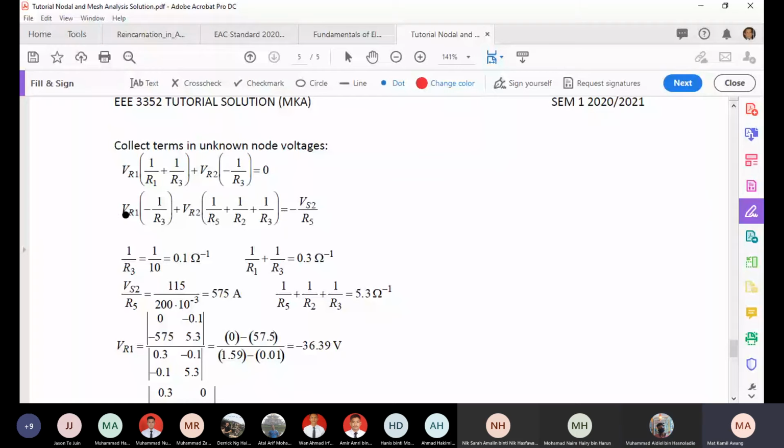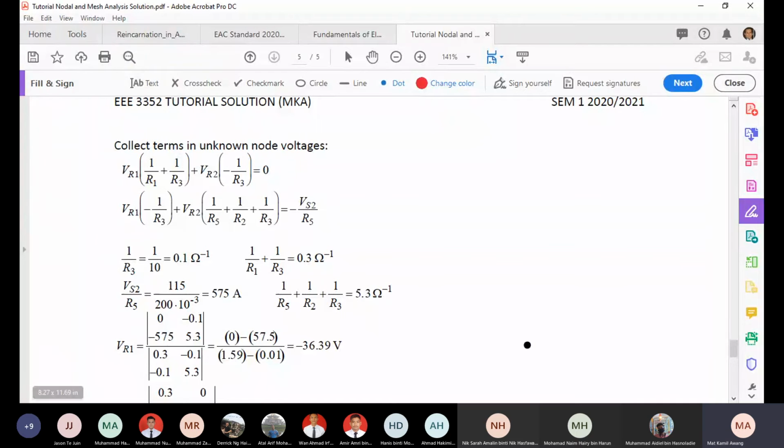And another one with VR1 times minus 1 over R3 plus VR2 times (1 over R5 plus 1 over R2 plus 1 over R3) equal to minus VS2 over R5. You substitute the values of R1, R2, R3, and R5, and you can solve the simultaneous equations.